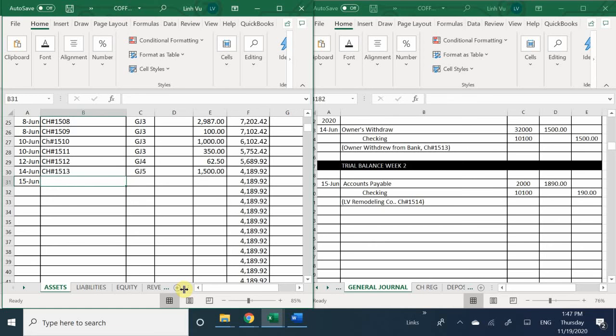And then in the credit for 1890, bringing my grand total to be $2,299.92. All right. Good.